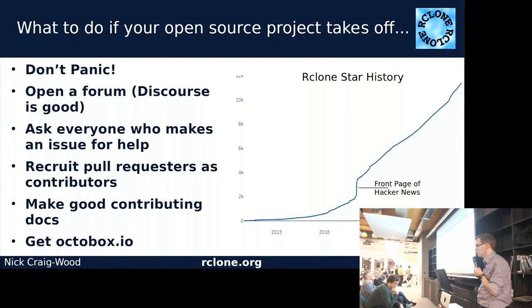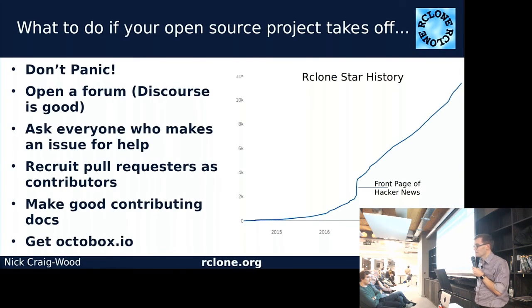They've got a problem, they want to help. I've had many contributions to Rclone from people who've made an issue, and I say, would you like to help with that? And they say, well, I don't know Go, but I'll have a go. So you might need to give a bit of a helping hand, but that's a positive process for both parties. So when you've had a few good pull requests from someone, you can recruit them as a developer.